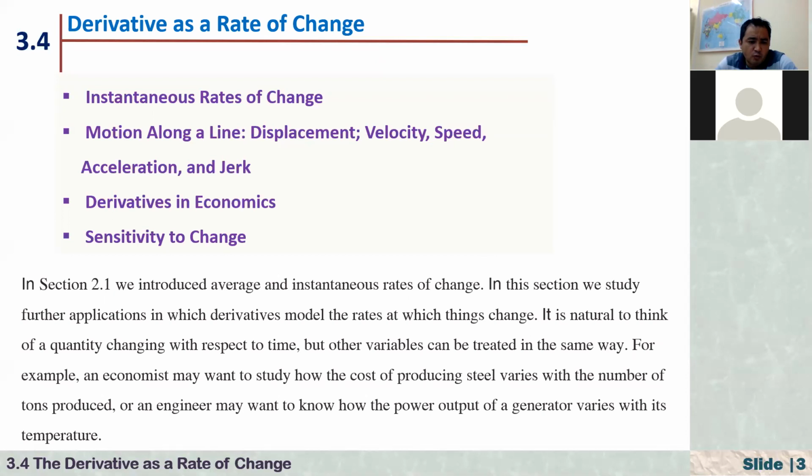So in section 2.1, we introduced average and instantaneous rate of change. Remember the free fall of a rock from a cliff? It breaks loose and starts moving down, and the displacement of that rock was modeled by the equation y = 4.9t².